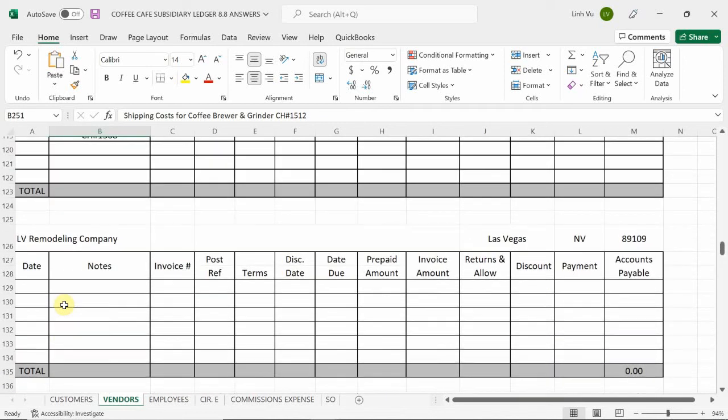There's landlords. There you go. LV Remodeling Company. Today's the 11th. What did we do? We received our interior design job. Interior design store job.